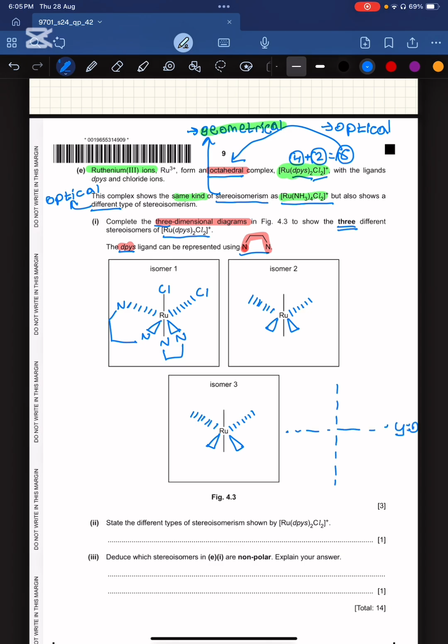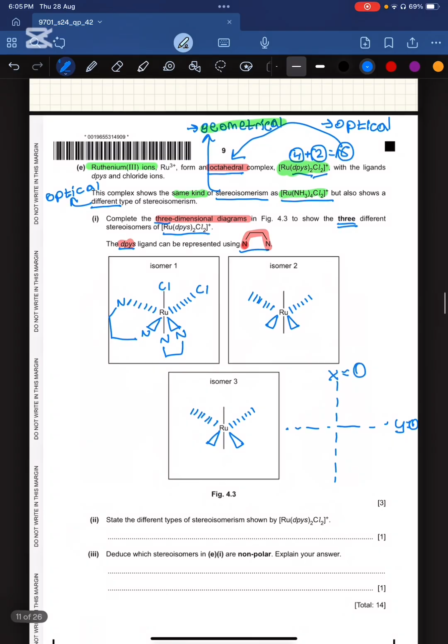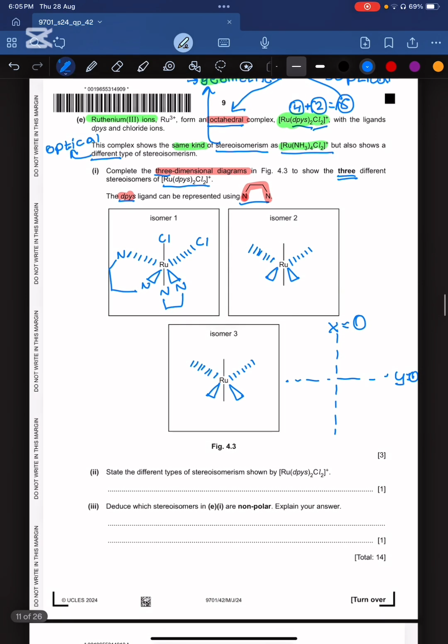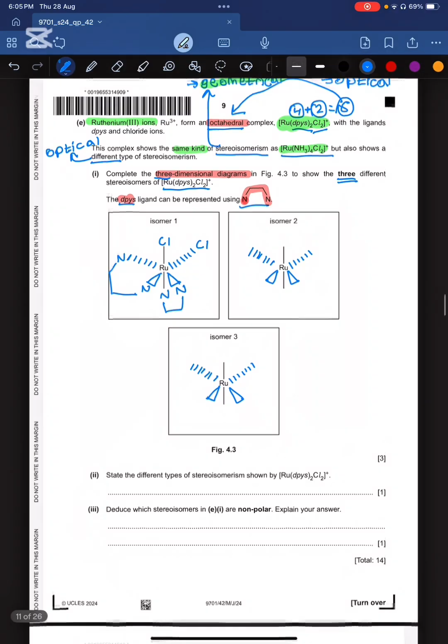This is y equals 0. This is x equals 0, for those who have a basic understanding of graphs. When I say y equals 0 is the line of symmetry, if I draw something here, it gets translated here. When I say x equals 0 is the line of symmetry, when I draw something here, it gets translated here. So whenever I say mirror image, x equals 0 is the line of symmetry.